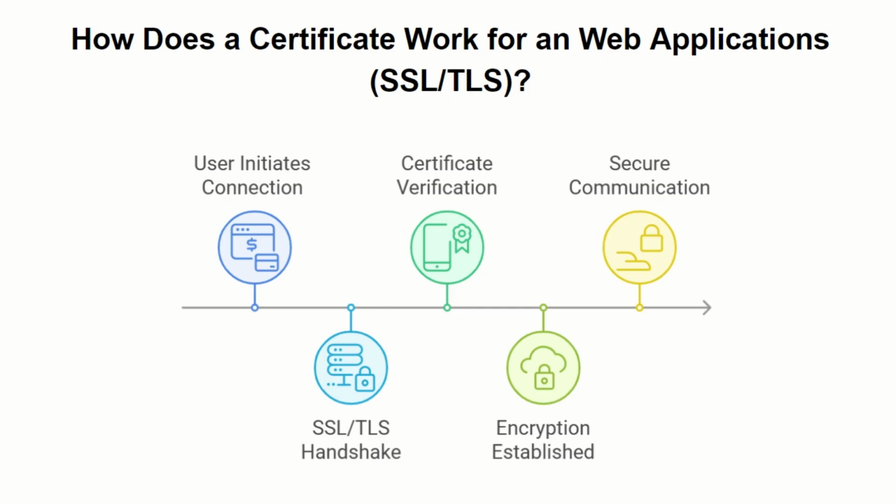The browser verifies the certificate against the trusted CAs to ensure it's legitimate. Then, if the certificate is valid, a secure encrypted connection is established using the server's public key. The browser encrypts data sent to the server, and the server decrypts it using its private key. Then secure communication happens. The data is exchanged securely between the server and the client, and the certificate ensures no third party can read or tamper with data.